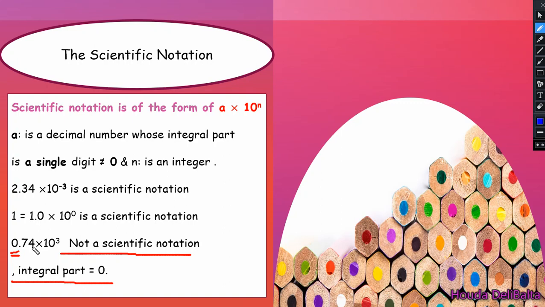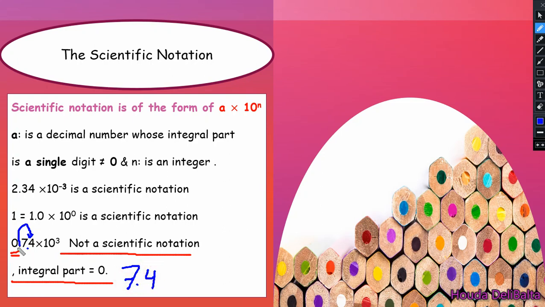Should I move it that way and it will be 7.4, or that way and we will have more and more zeros? So surely we are going to move the decimal point to here, and the number is going to be 7.4.